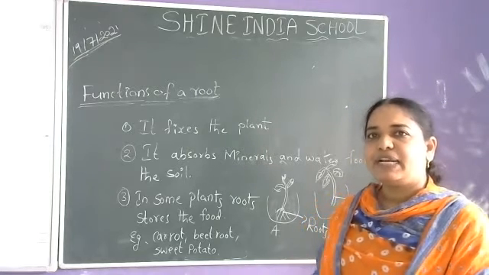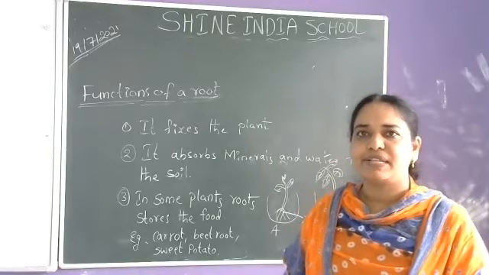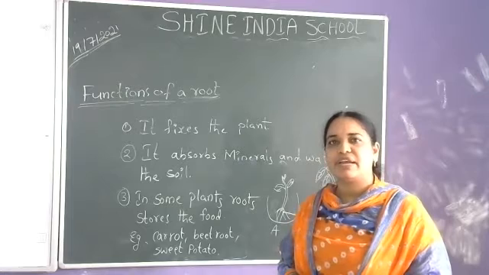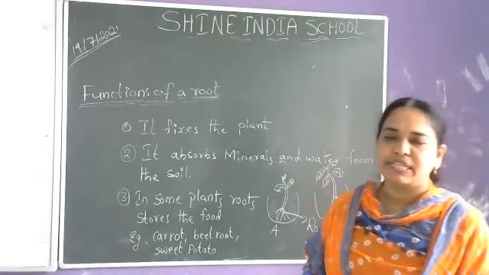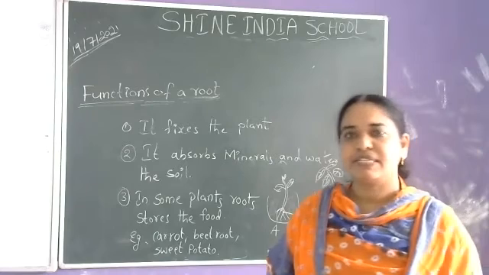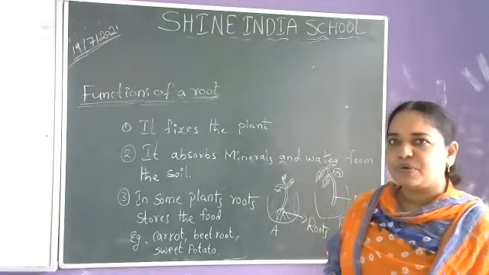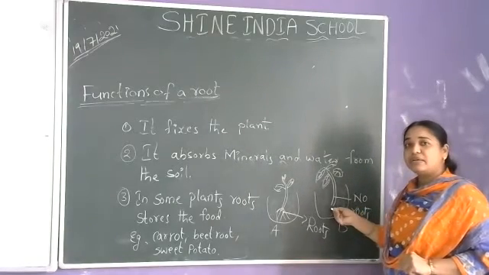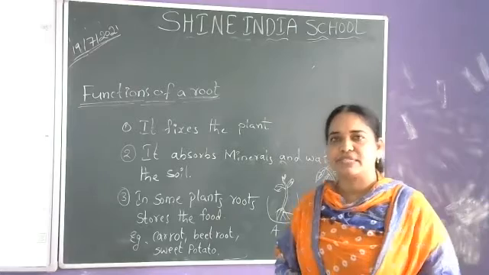So the plant is unable to absorb water and minerals. For what purpose are water and minerals required? For the preparation of food, the leaf requires water, air, and sunlight. So without root, the plant is unable to absorb the water and minerals.